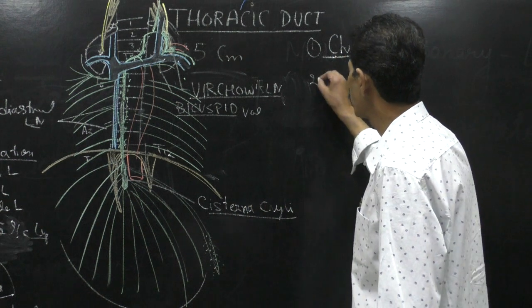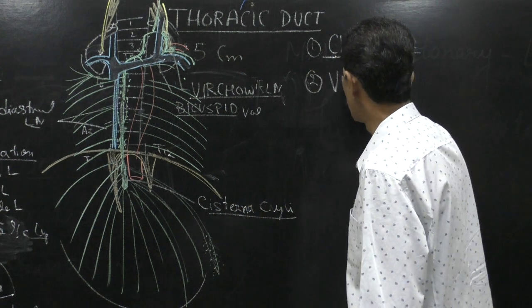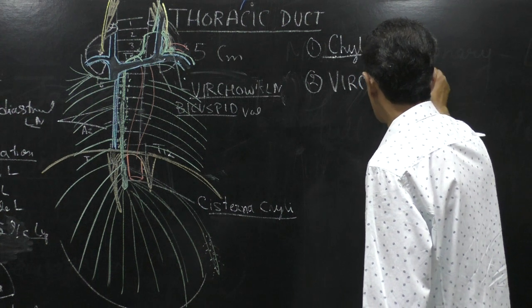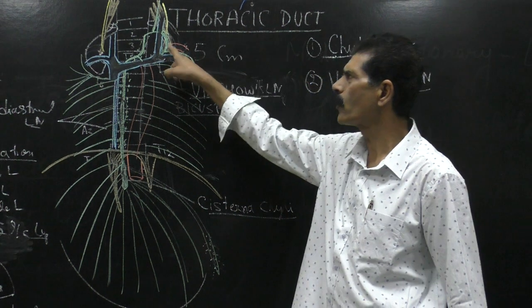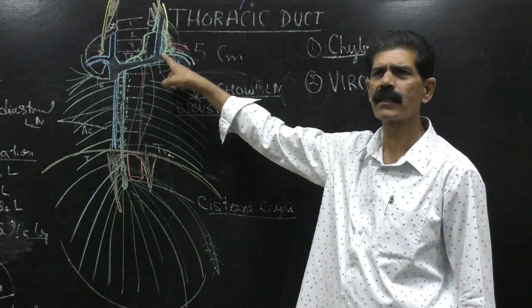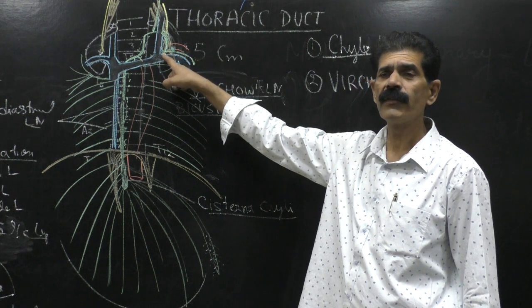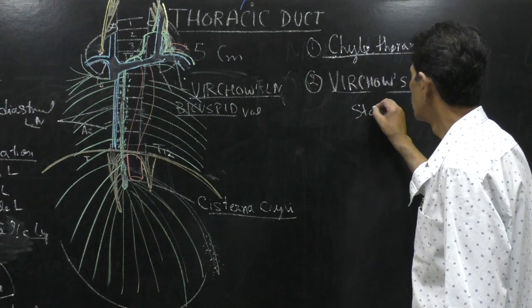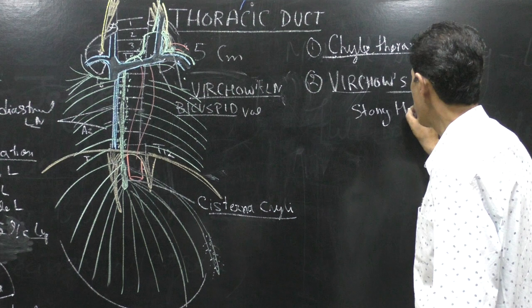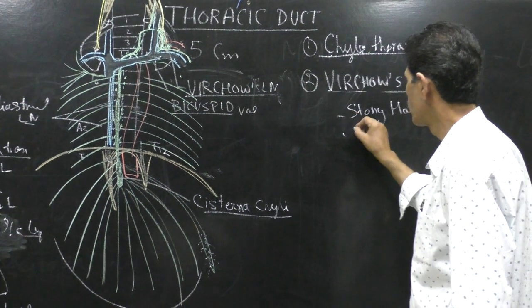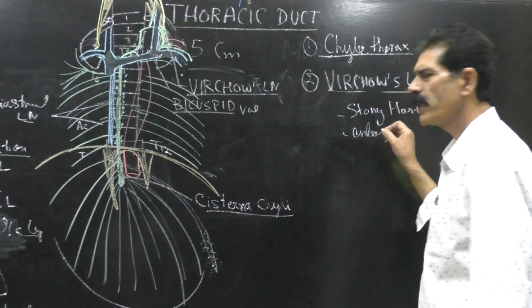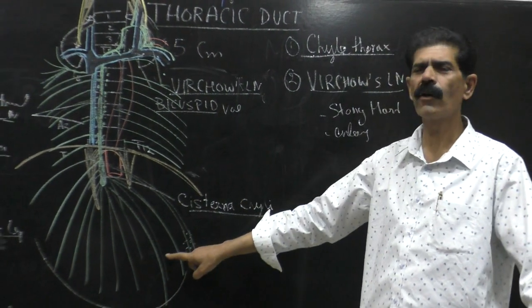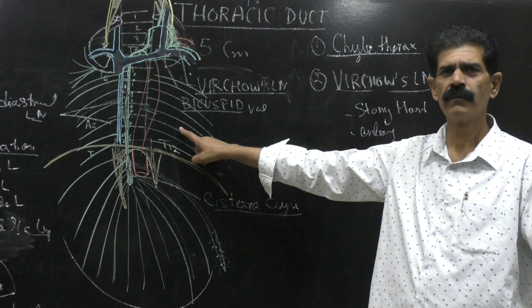Another condition is the virchow's lymph node. We know virchow's lymph node is a single lymph node attached at the termination of the thoracic duct. If this lymph node is stony hard and if it is enlarged, then it is diagnostic of cancer of any organ of the abdomen and the thorax.